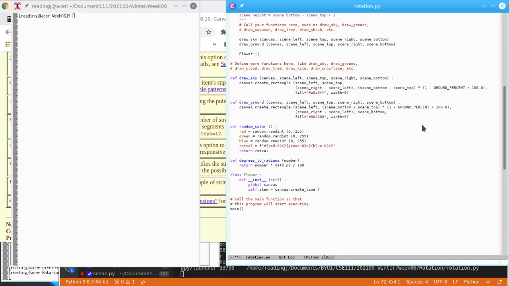Okay, so let's do X location and Y location. So this is going to be the base of the flower, is the X and Y, okay? 200, scene bottom minus 100.